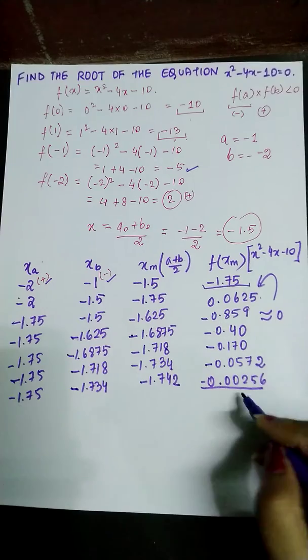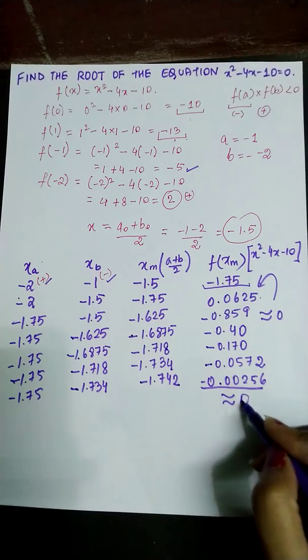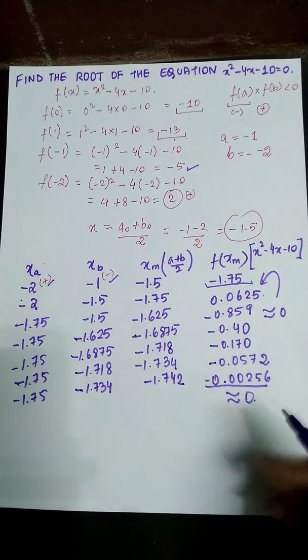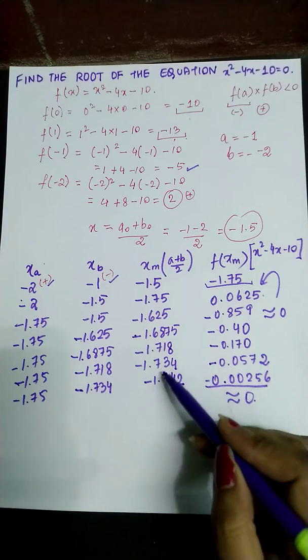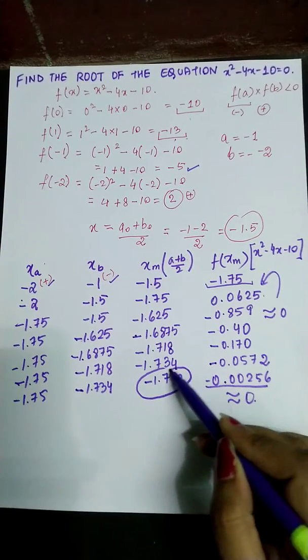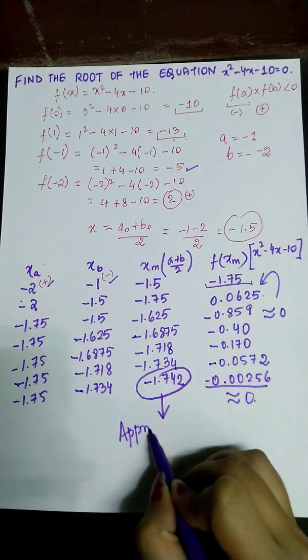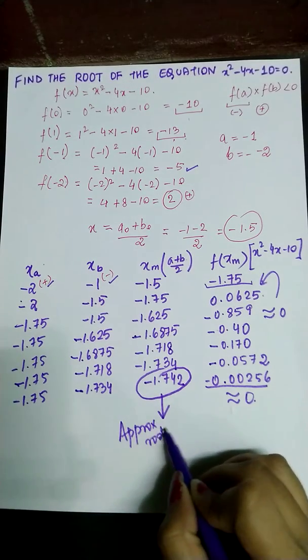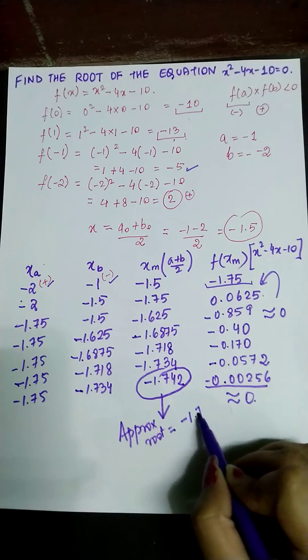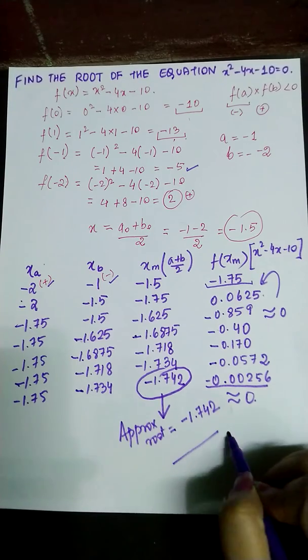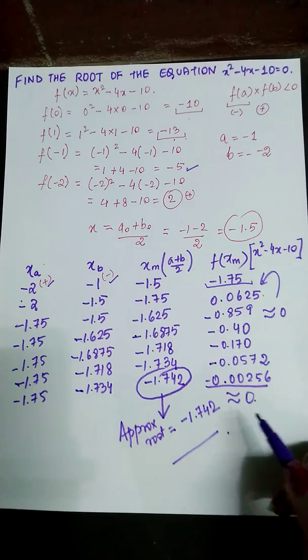Now this value can be considered almost equal to 0. Hence our approximate root will be this value right here. So we can write that the approximate root of the equation is minus 1.742. This is how the bisection method works. Thank you.